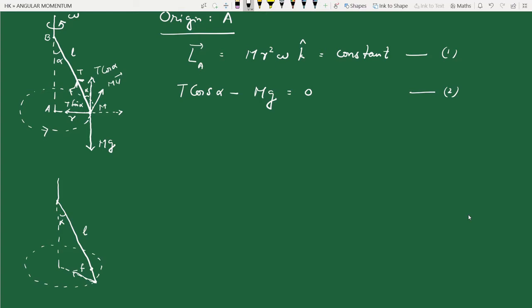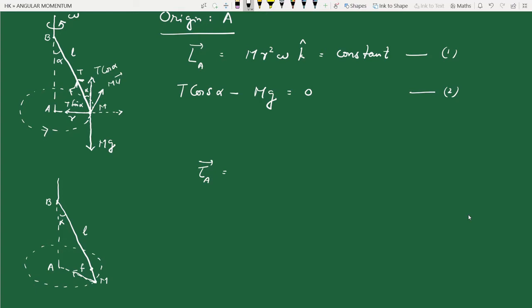So in order to get the torque, we want to calculate the torque about the point A. This is point B. From the figure, torque about point A is r cross F. What is r? R is the radius vector from point A, that is our origin, to the mass m, or the radial distance from the origin to the point where the force is acting.